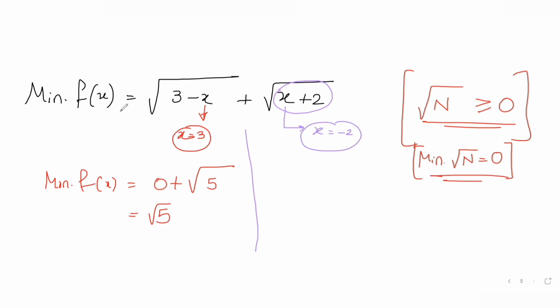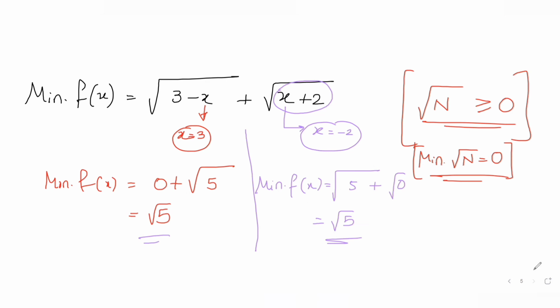So if I put x equal to minus 2 in the function, what I get here is root of 3 minus minus 2, so root of 3 plus 2, that is root 5. And this, we already know we are putting minus 2, so it is 0. So you get root 5 plus root 0, so you still get the minimum value of the function as root 5. So by either one of the cases, you would get the same minimum value of the function.